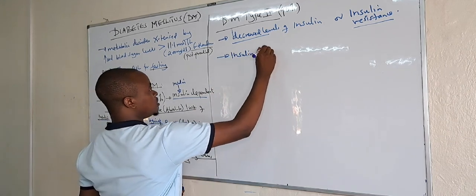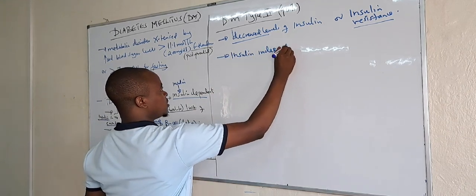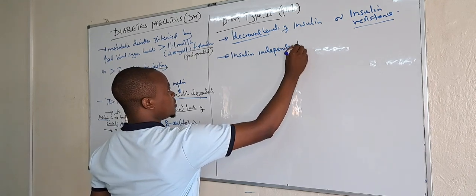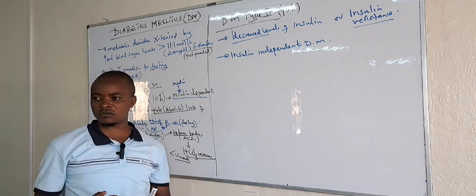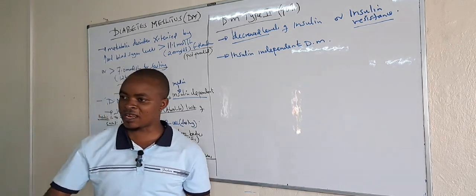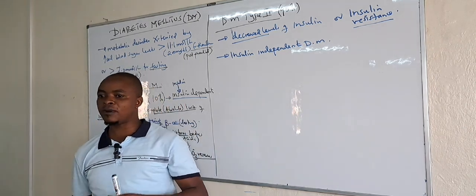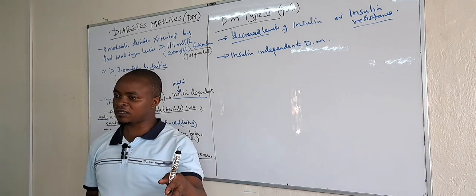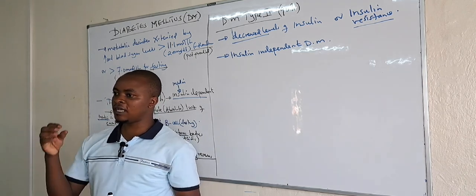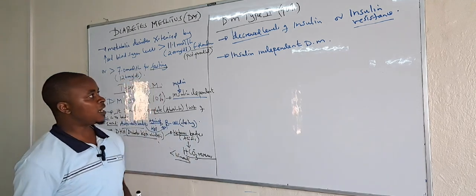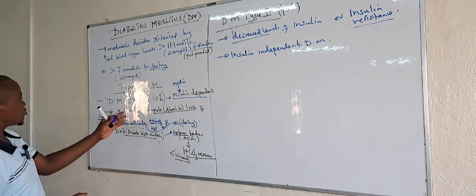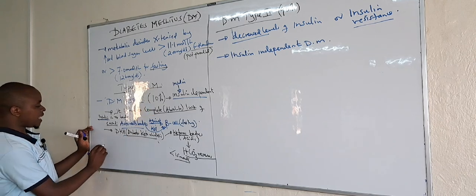Insulin independent diabetes mellitus. It does not depend on insulin, because insulin is available, but the body cells are not responding, or there are decreased levels. And maybe what I have forgotten to tell you here in type 1 is that it is early onset.